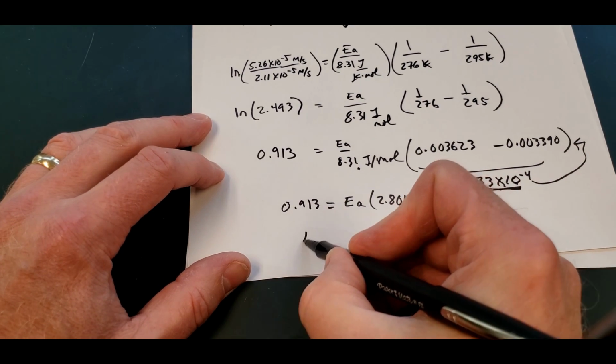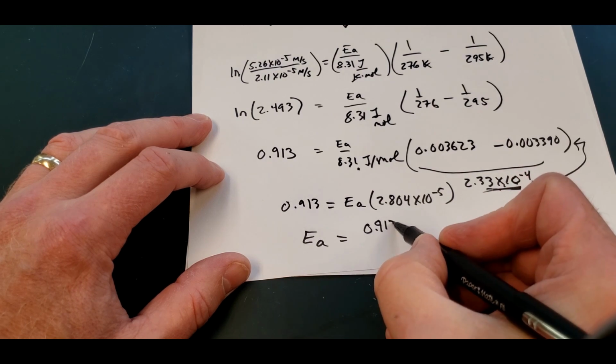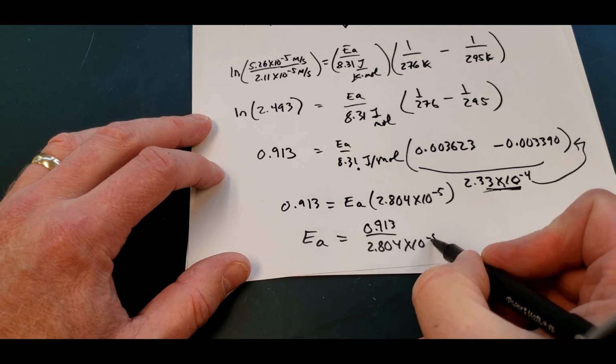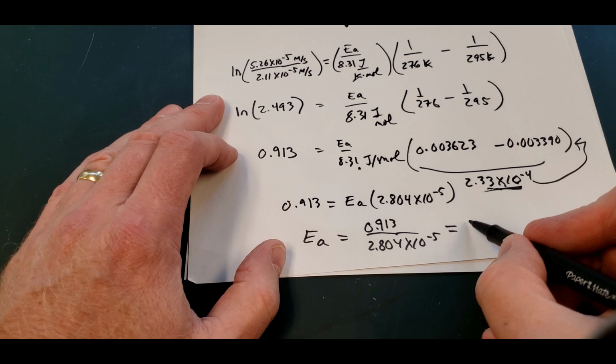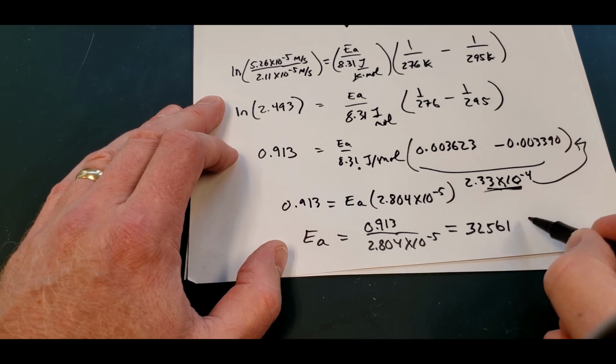So EA is going to be 0.913 divided by 2.804, just keeping an extra digit there so we don't lose too much accuracy. And we get this number.